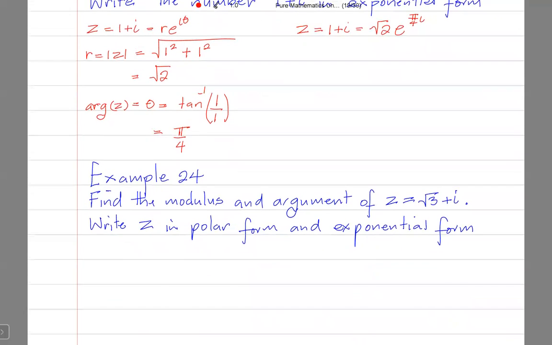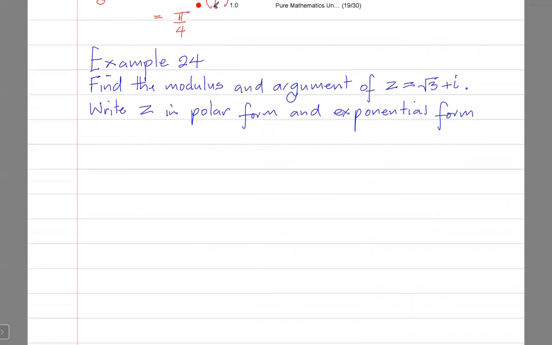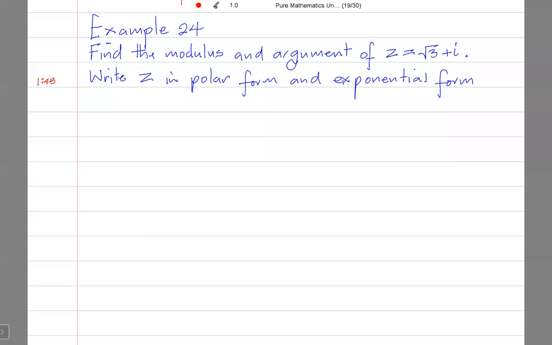All right, guys, please try example 24. All right, so the complex number z is equal to root 3 plus i. The modulus of z is equal to the square root of root 3 squared plus 1 squared.